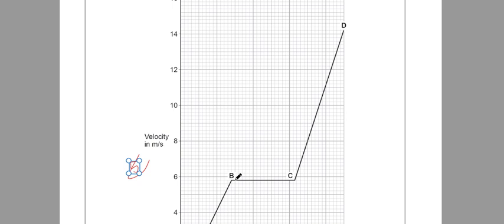Here 10 small squares represent 2, so every small square represents 0.2. So we begin before 6 by 1 small square, so it is 5.8, and we finish here after 14 by 1 small square, so we finish at 14.2.